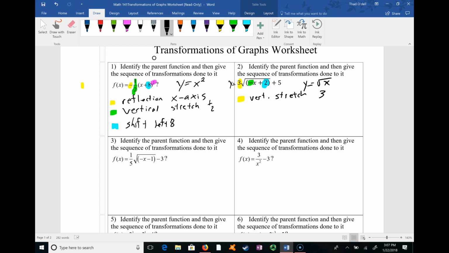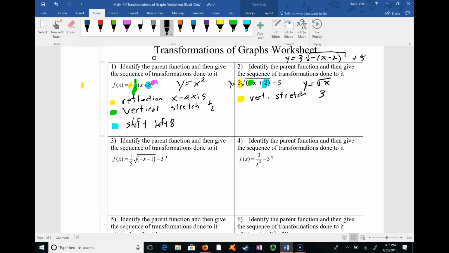So another way to write this equation would be y equals 3 times the square root of negative (x minus 2) plus 5. Does everyone see that this function and that function are the same thing? They're just written with the negative factored out of the plus 2.